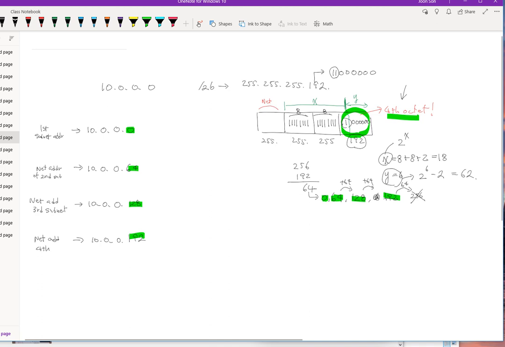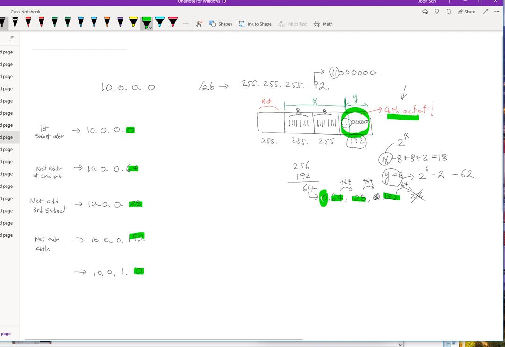So 1 has to be carried to the third octet. So the next one is 10.0.1.0, right? So I just use a 0.